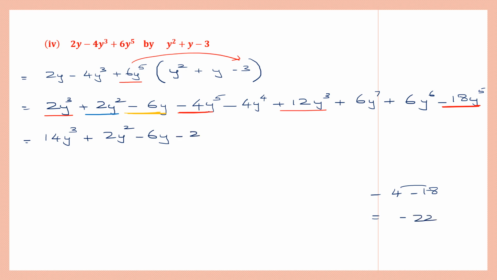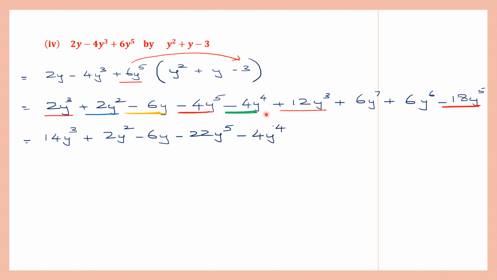So here we get minus 22 y to the power of 5. When you have many terms, you need to go very slow and cross out everything that you are done with or underline like this. So minus 4 y to the power of 4. We don't have another y to the power of 4, so we write it as it is. Minus 4 y to the power of 4.